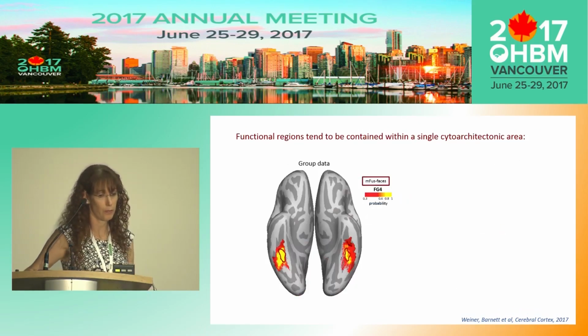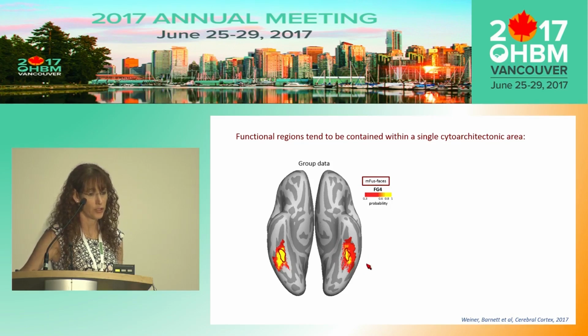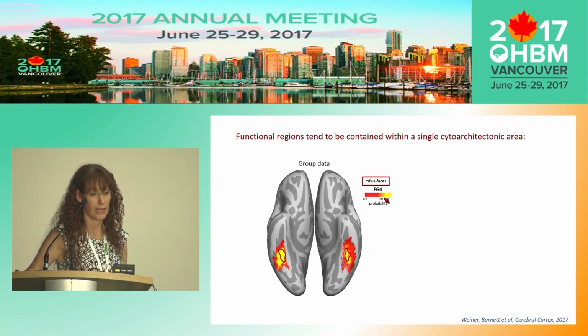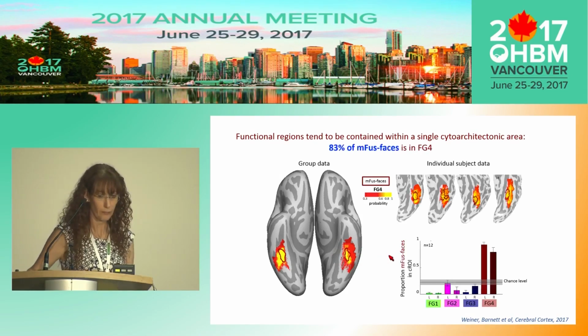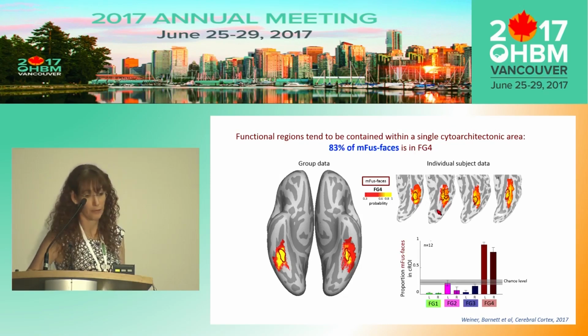First, I'm going to show you the group map. The shaded region shows a probabilistic map of the cytoarchitectonic area FG4, and the contour shows the probabilistic location of our face-selective region, mFus-faces, and you can see that at the group level, mFus-faces is largely constrained within cytoarchitectonic region FG4.